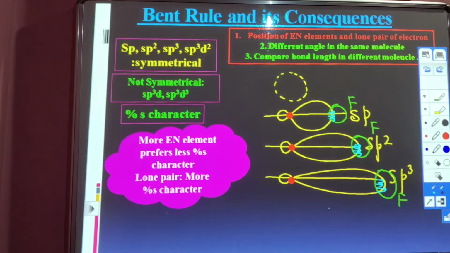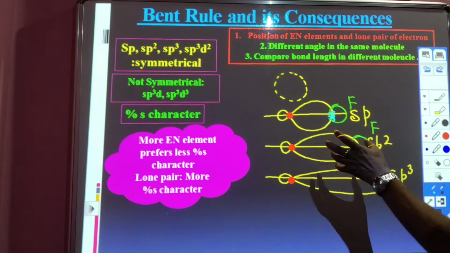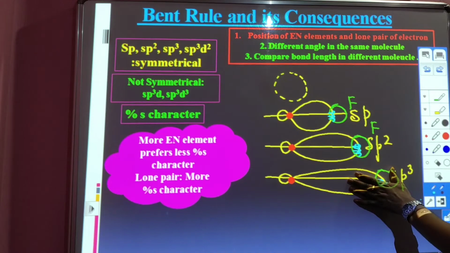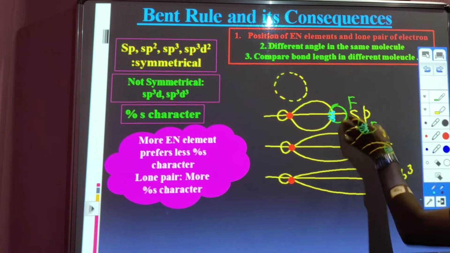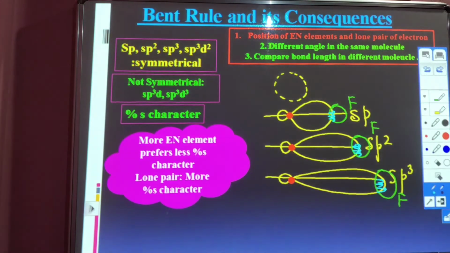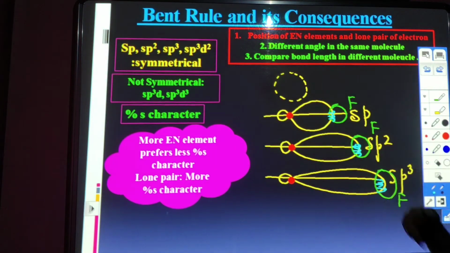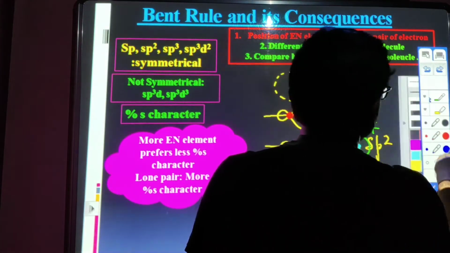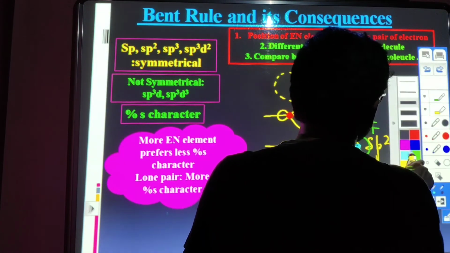So what I told you is that fluorine will be more happy here than here or here, meaning fluorine will adjust the percentage of s character. If I show you an example, let me show you an example.